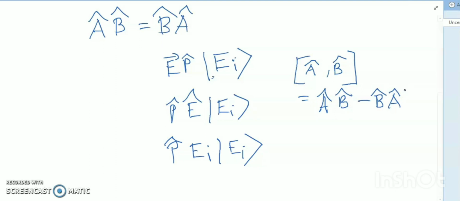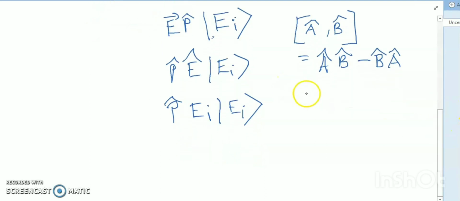So if two operators commute, then the two terms on the right hand side are equal, and we get that the commutator is 0. If the commutator of two operators is 0, then it implies that they commute.